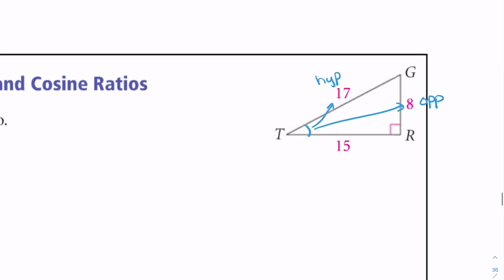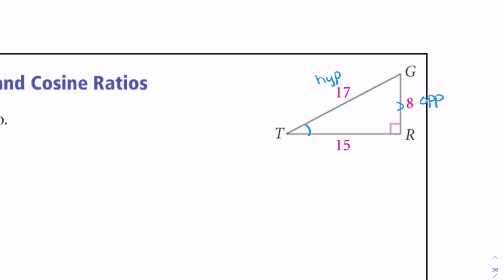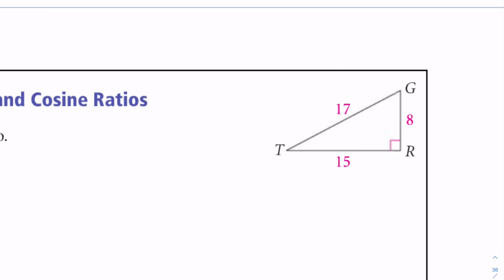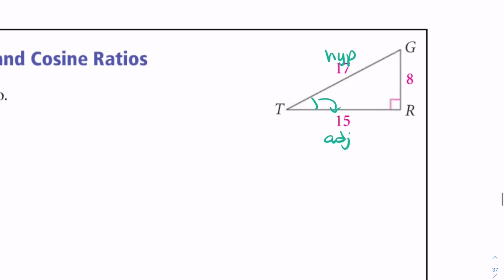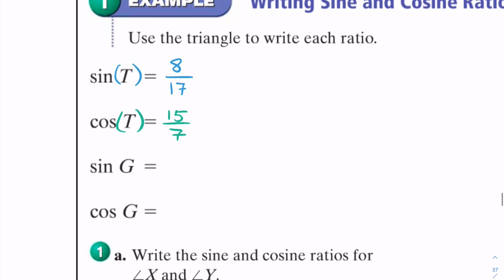Cosine of t is going to be equal to the adjacent side over the hypotenuse, again, this is always the hypotenuse. So it will be equal to 15 over 17. And now sine of g is going to be equal to the opposite over hypotenuse, which is 15 over 17.